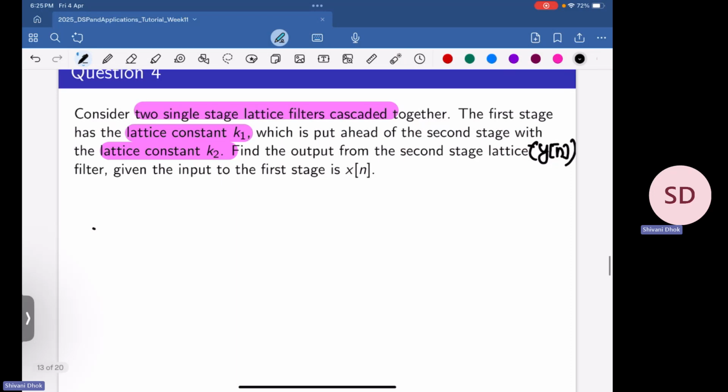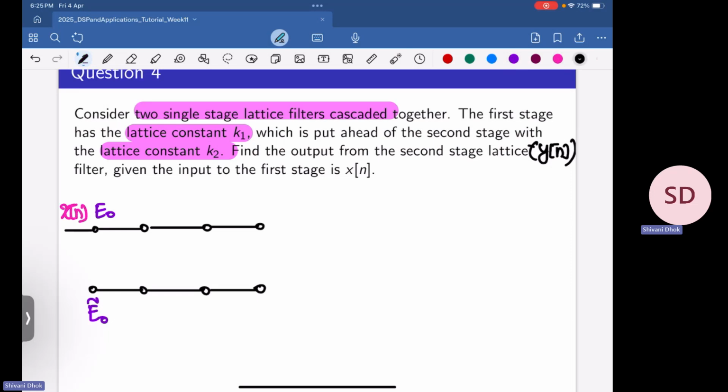So let us first draw the stage 1. So here, this one is my E0. This is my E0 tilde. And then this x of n is given here, like this.